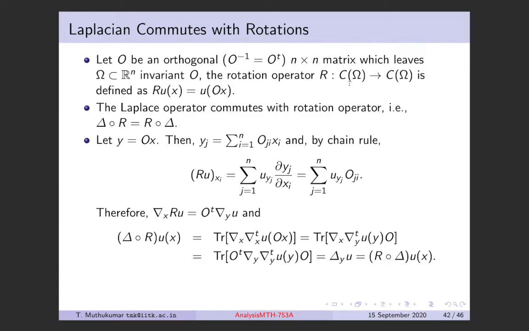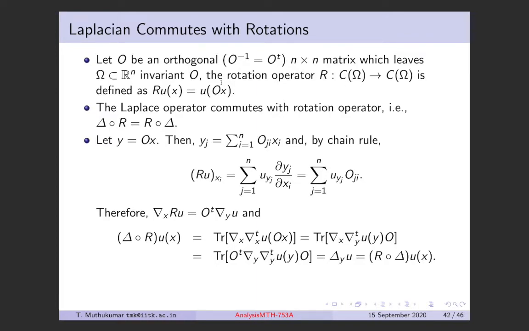What I mean is that there is a magnitude r and there is a theta coming from the unit sphere S^(n-1). So you can talk of a radial function, which basically means it's a function which depends only on the magnitude of x, so u(x) is actually a function of mod x. It does not depend on rotation. I mean, the function does not change on rotation. So that's a radial function.